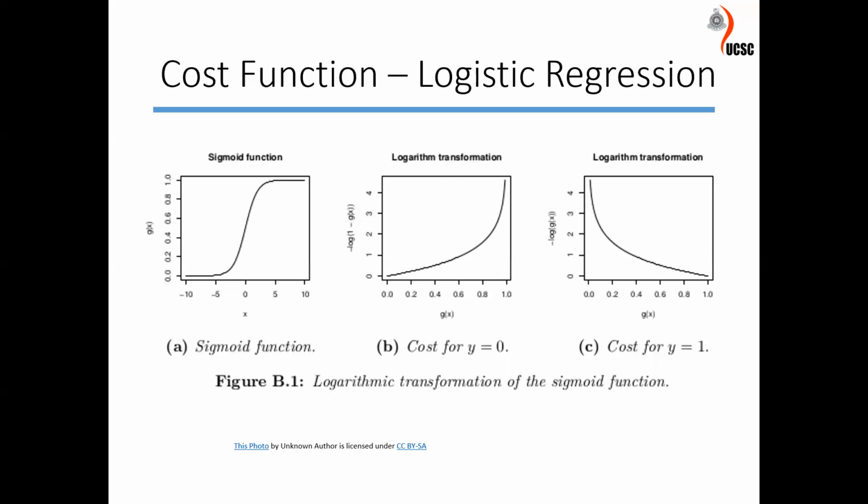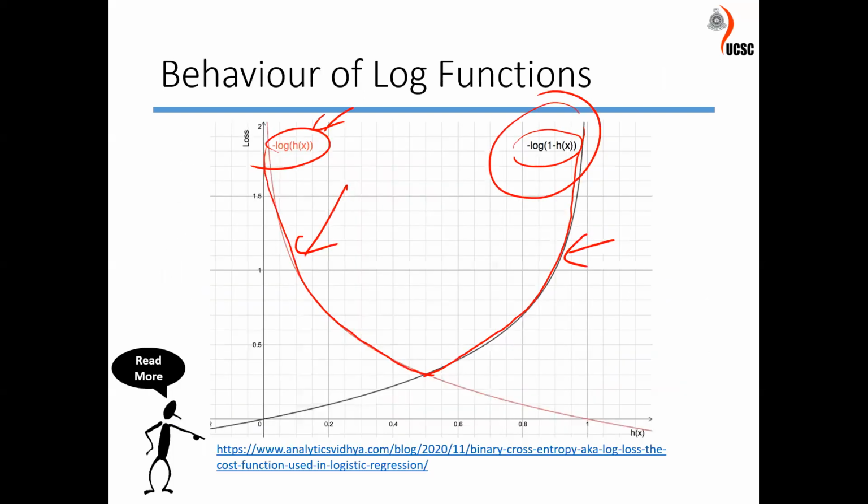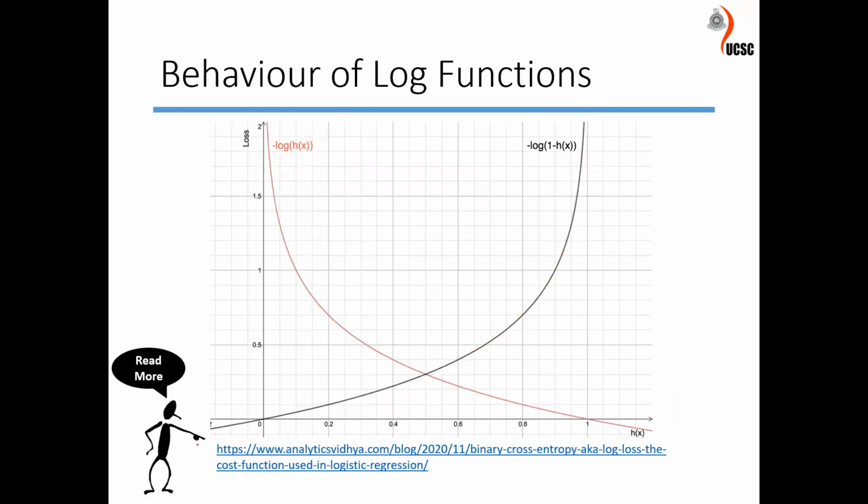These are some log functions. If you're familiar with how the functions behave when you come to log, if we reverse this, in here it's positive, but in here it's -1.